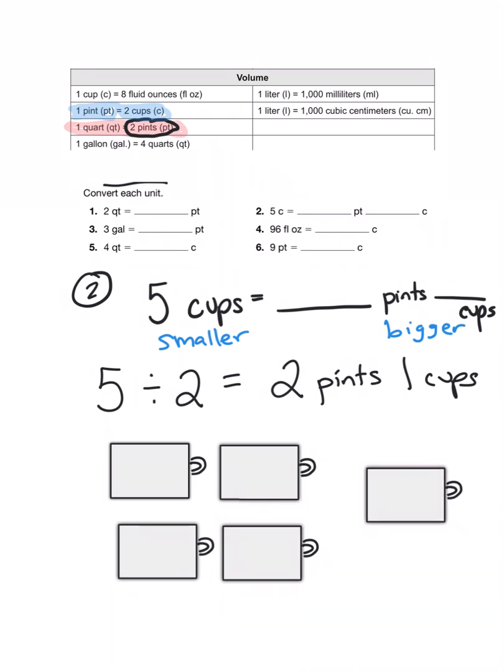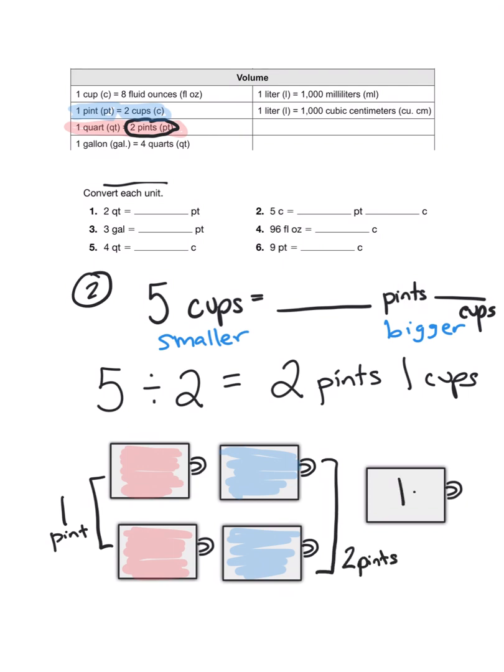So I can combine this cup with this cup. That's going to make 1 pint. I can combine this cup with this cup. That's going to make another pint. So now I've got 2 pints all together. And then I have 1 cup left over.